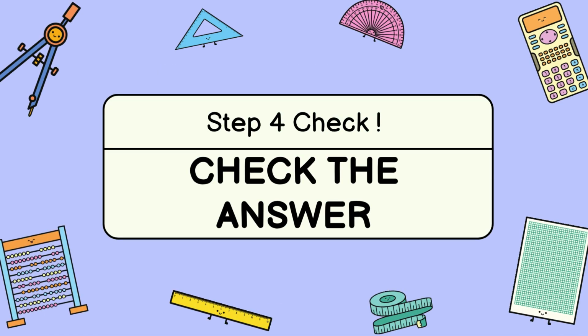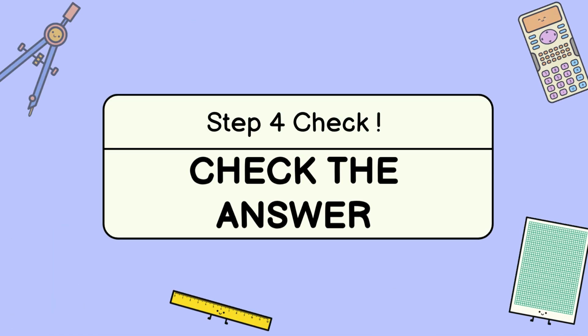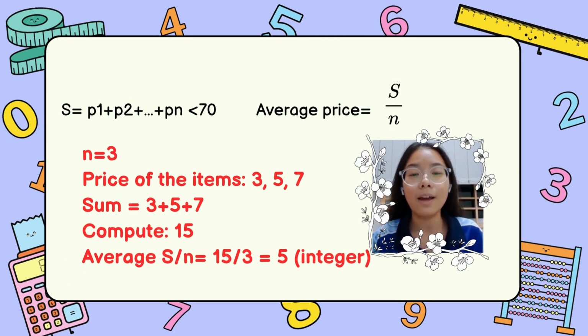Step 4, check the answer. In the Polya problem-solving method, step 4, we have to check the answer again, although we already got the answer in step 3. Okay, now let us check.